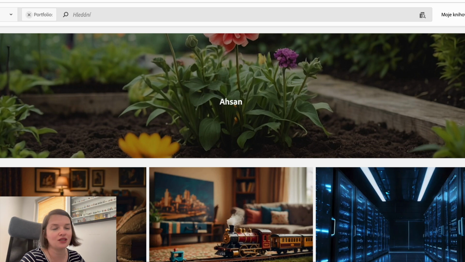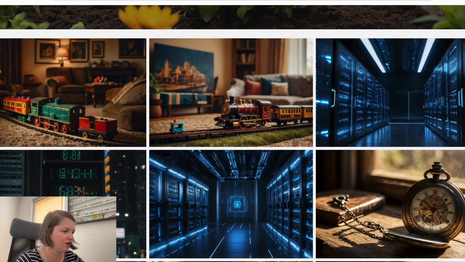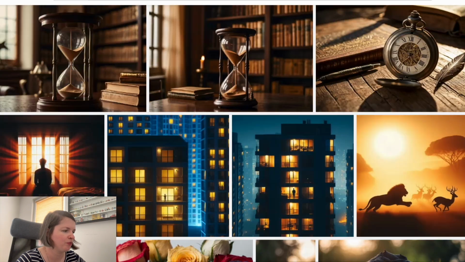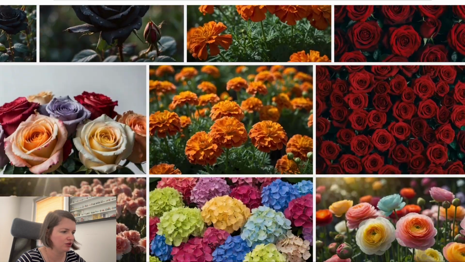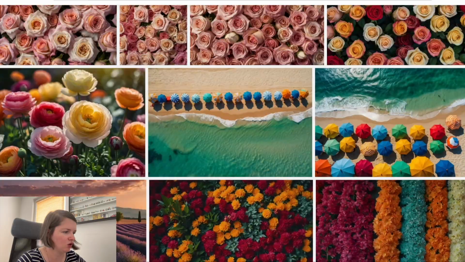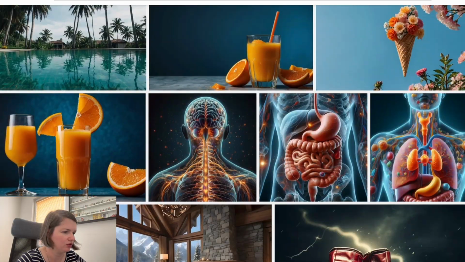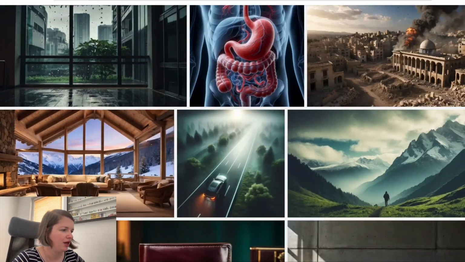So as always, I will scroll down a couple of pages so that you get a general understanding of what the portfolio looks like.